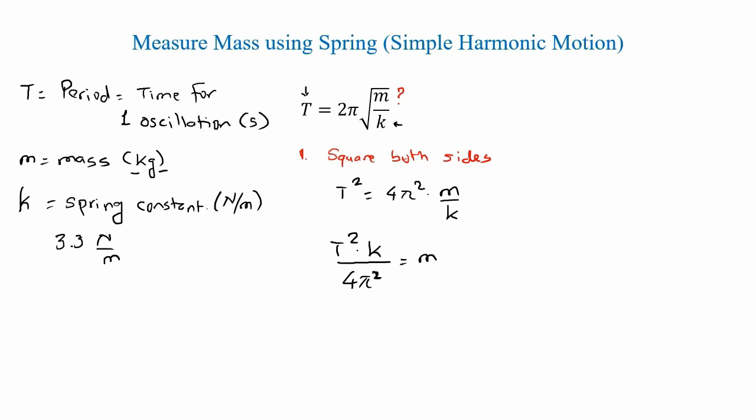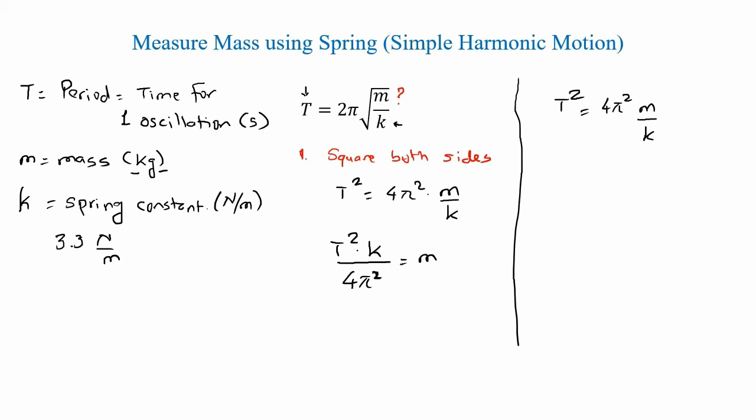On the other hand, if you know the mass and you want to calculate the spring constant, then in the second scenario, again, square both sides. So T squared equals 4 pi squared m divided by k.